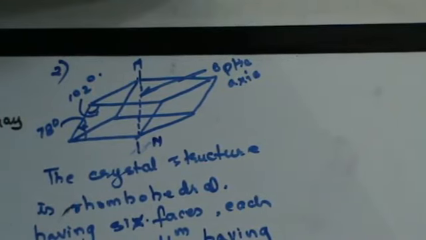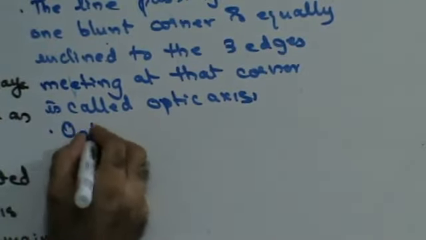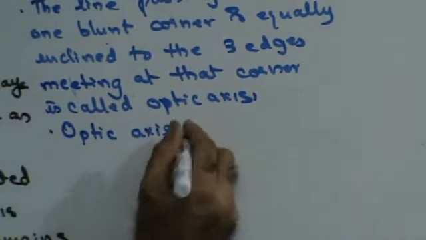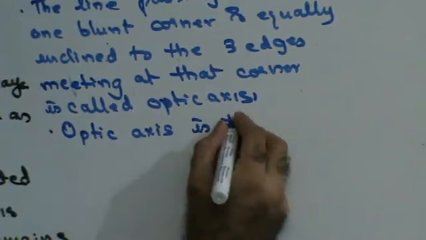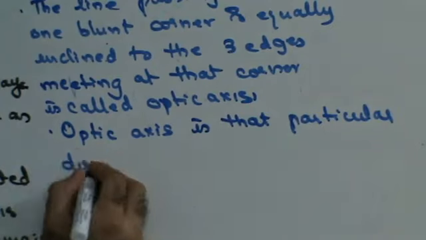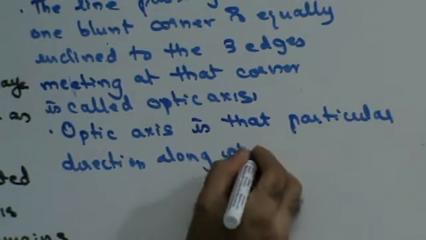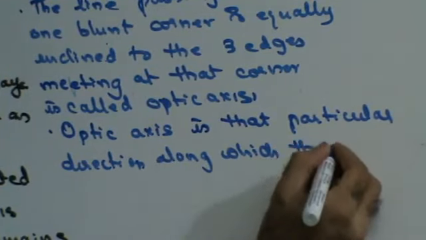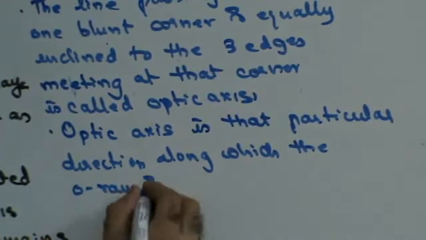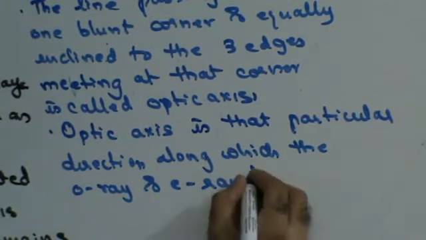Right? Now, optic axis is that particular direction along which the ordinary ray and the extraordinary ray travel with the same speed.